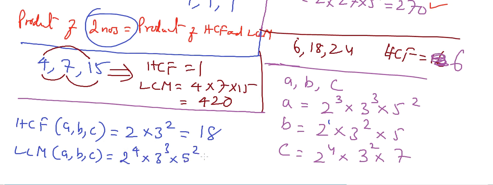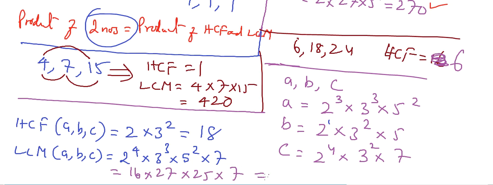And 7 is also there, another factor. So whether common or not, we need to take all the factors with the highest power and multiply. So we get 2 power 4 is 16 into 27 into 25 into 7.